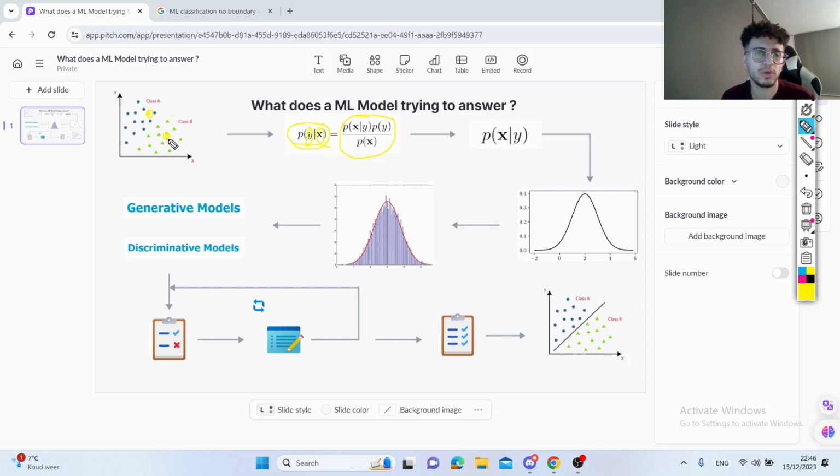Once we know which probability is higher, we can assign it to that class.